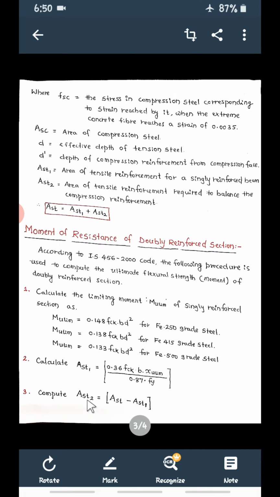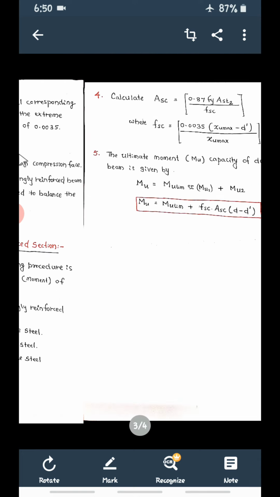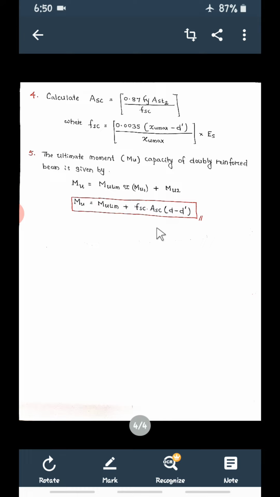Mu2 will be calculated like this: force, stress into area, Fsc Asc into (d minus d dash). So Mu limit plus Mu2, if you add these two, gives the total moment of resistance of the doubly reinforced section. So this will give the total moment resisted by the doubly reinforced beam.